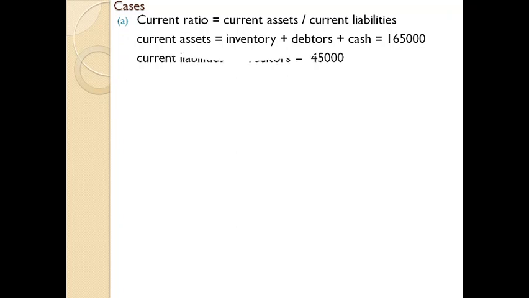Under current assets, as per the question, it consists of inventory, debtors and cash. By adding those three items, inventory 50,000, debtors 25,000, cash 90,000, you will get 1,65,000. And current liabilities, there is only one current liability, that is creditors, 45,000.